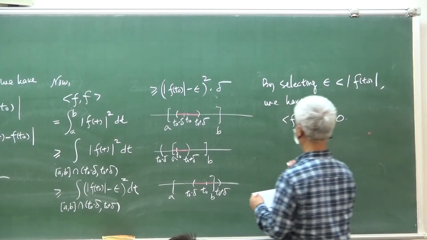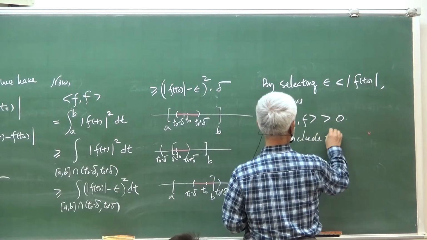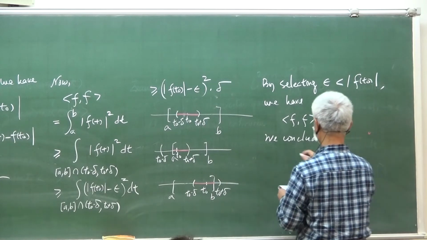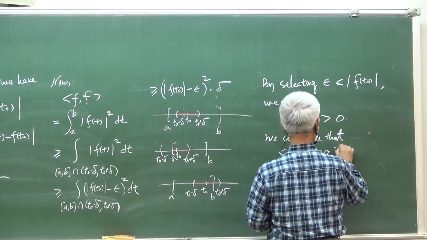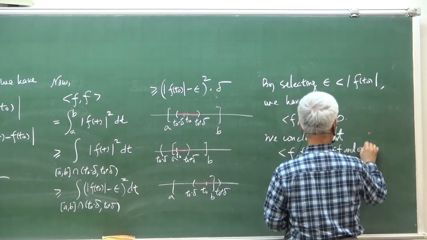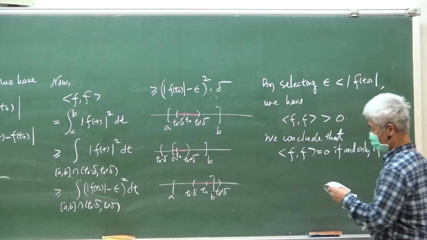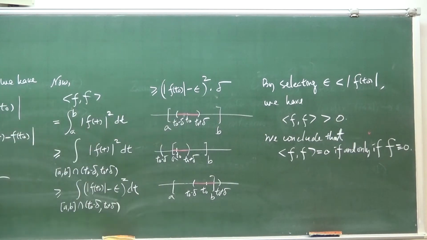So we conclude that the inner product is 0 if and only if f is identical to the zero function. Alright, so this is the first.